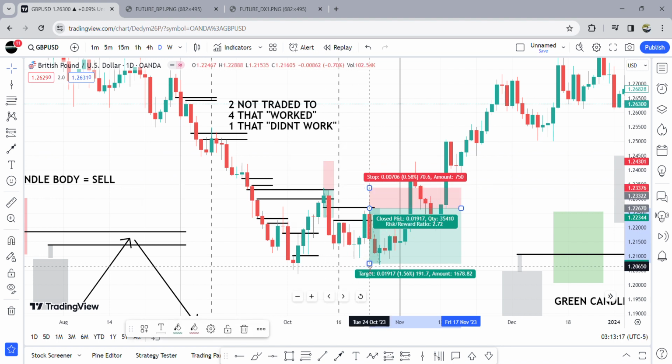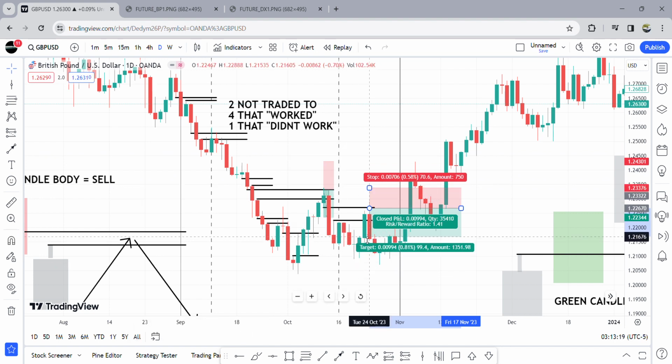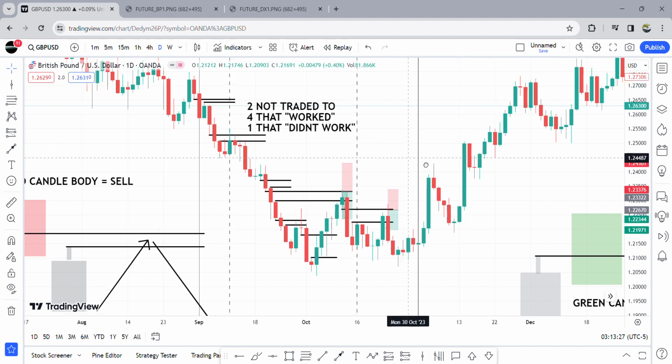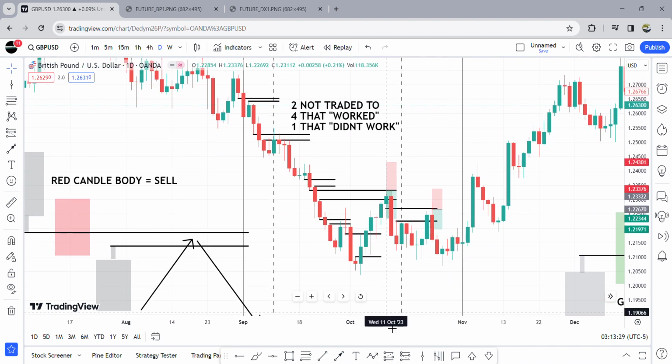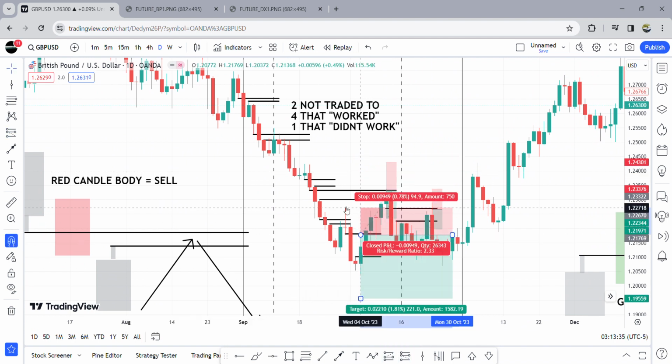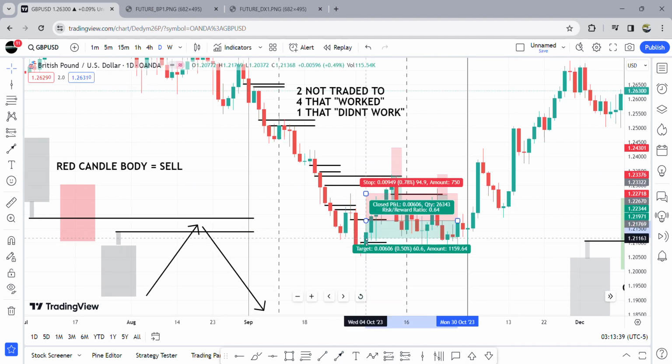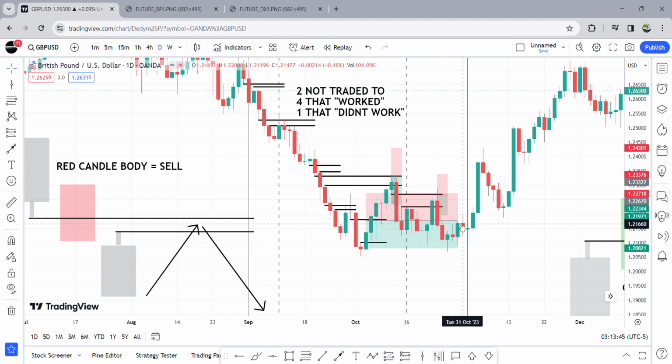Stop is at the swing high, targeting 1-to-1. This one worked. Stop is at the swing high, targeting a 1-to-1. This one failed.